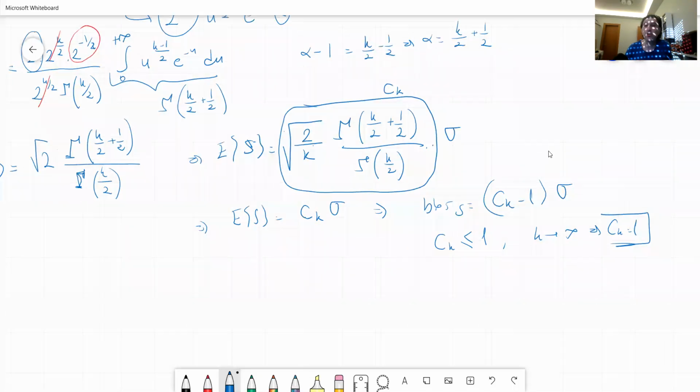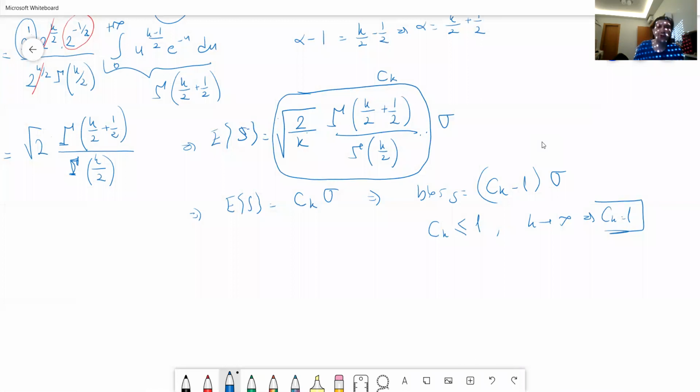So for any k value, for instance, let's say we have n equal to 5, we have 5 observations sampled. We find the sample standard deviation. Then in order to determine an unbiased estimate for population standard deviation, you take this s term right here and divide it by c_k.